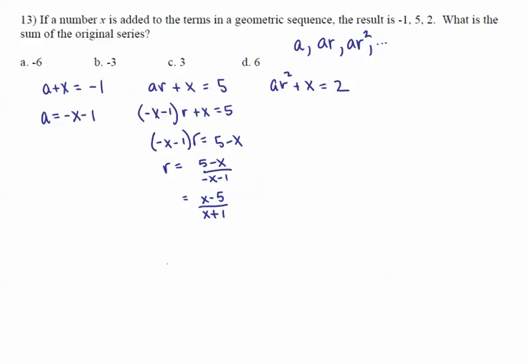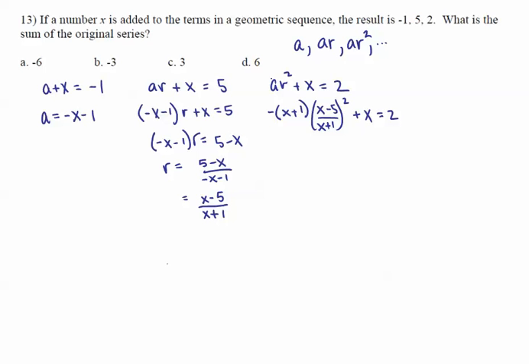So now I can substitute for r and a in the third equation, and if I pull out the negative from that, I would get -(x plus 1) times (x minus 5 over x plus 1) quantity squared, plus x, and that all has to equal 2.